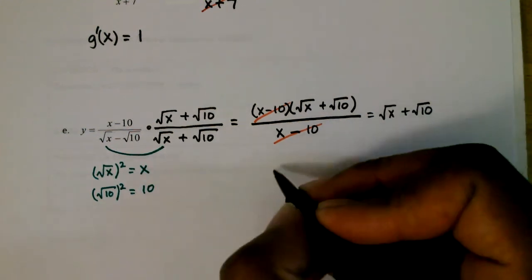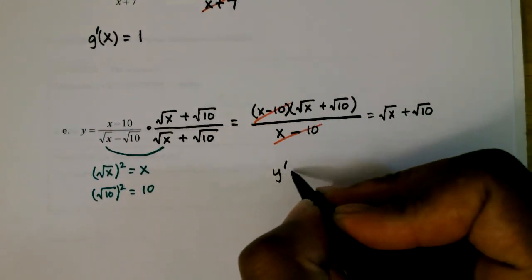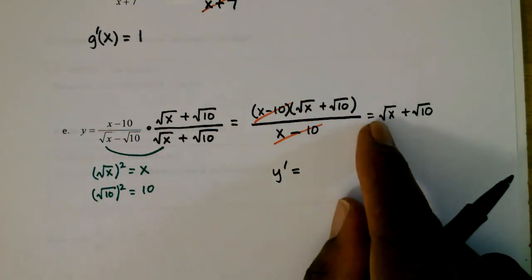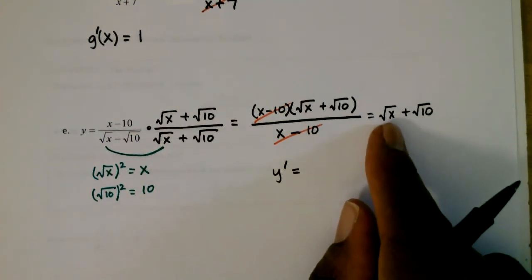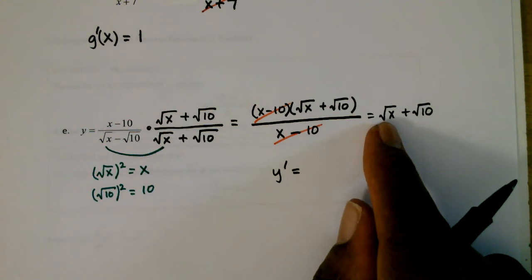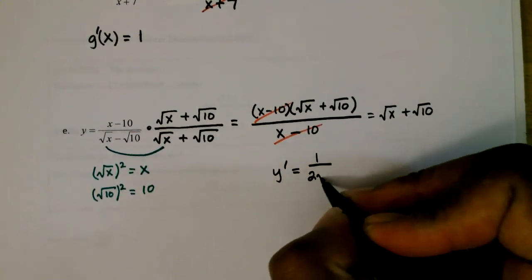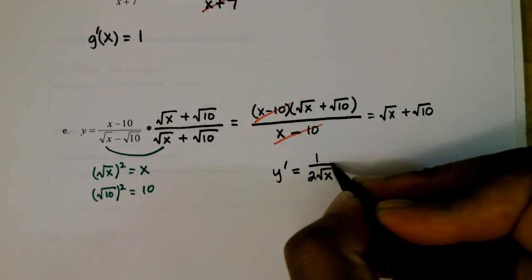And from this, I can get the derivative of that function. And I'm using y prime as the notation to find the derivative. Now, if you recall earlier in one of the problems that I did, the square root of x, and you take its derivative, it's always going to be 1 over 2 square root of x.